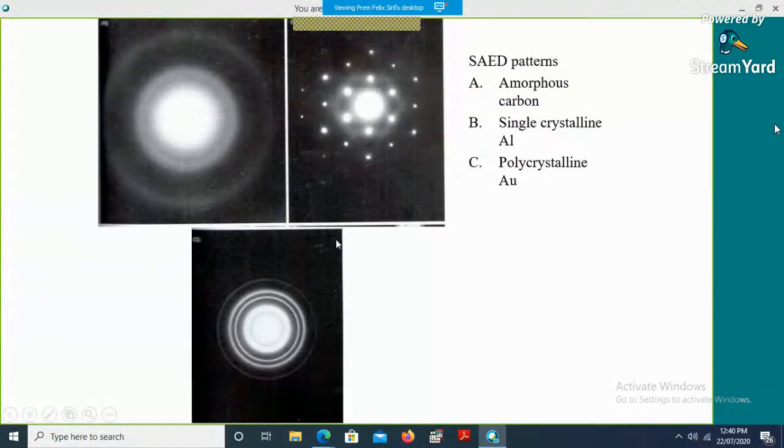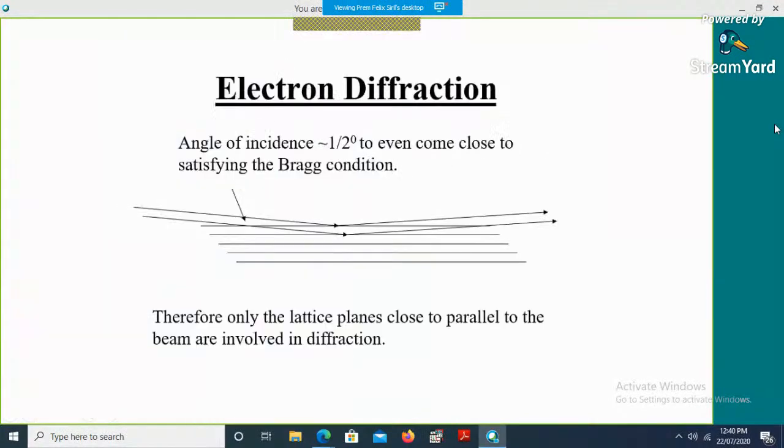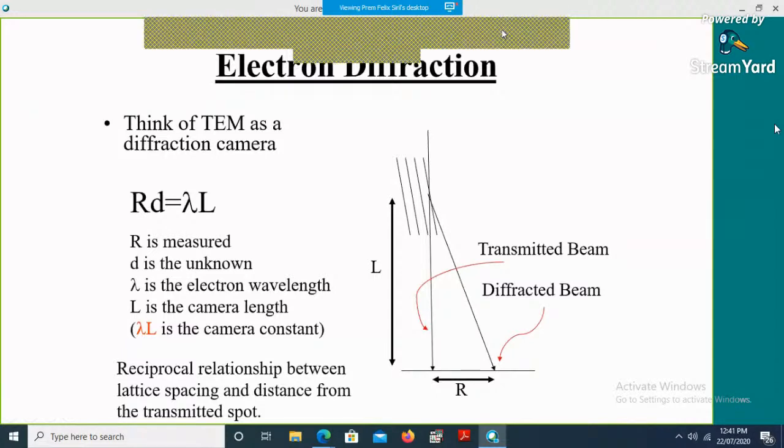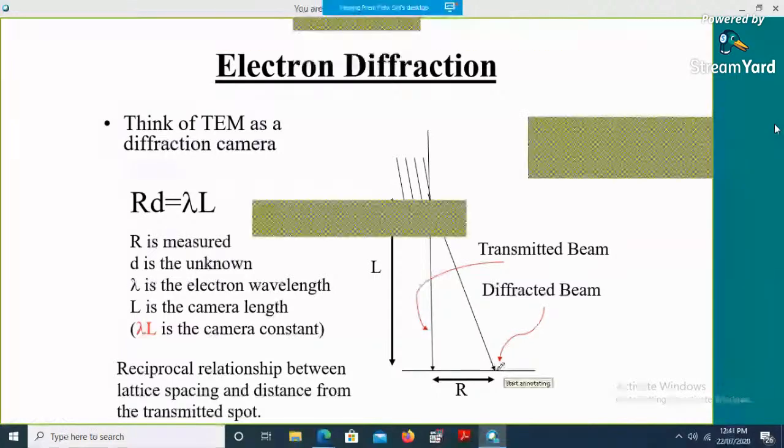So, from the electron diffraction pattern, as I mentioned, you can find out the distance between the center of the pattern and each ring or spot.